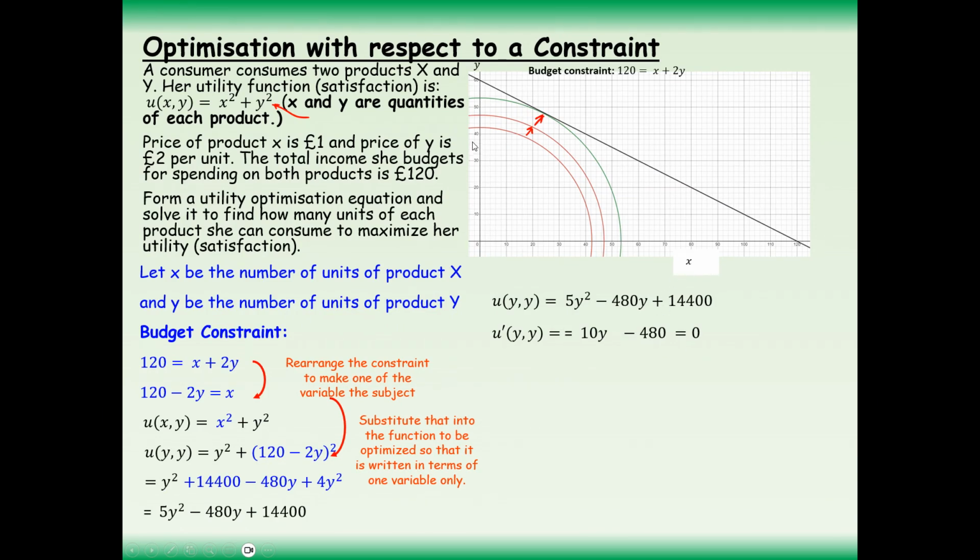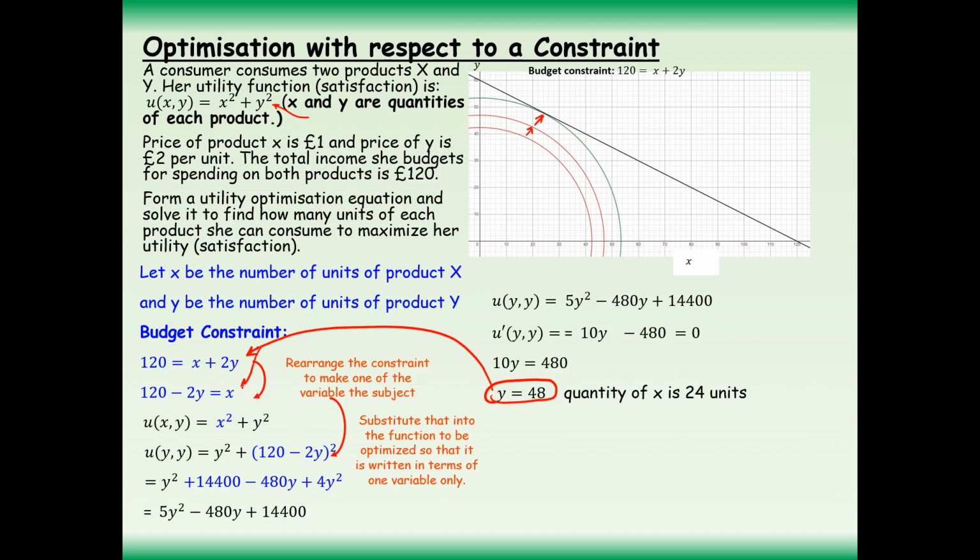Now put the x here and y there on the axis. Solving that equation for y, we get a y value of 48. And that y value, we substitute back, just like solving a simultaneous problem. We substitute it back into either of these equations here to find x.